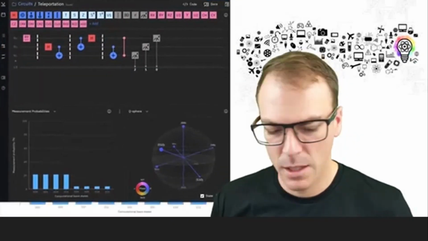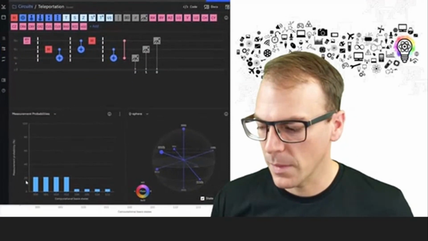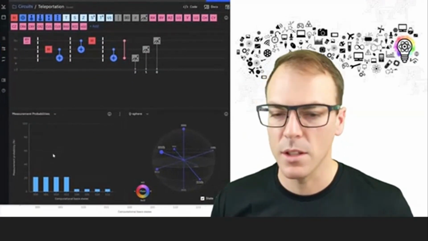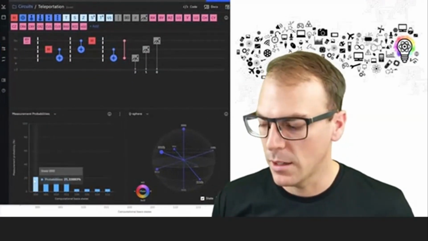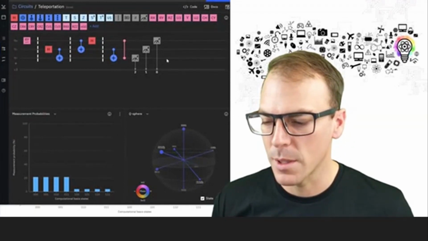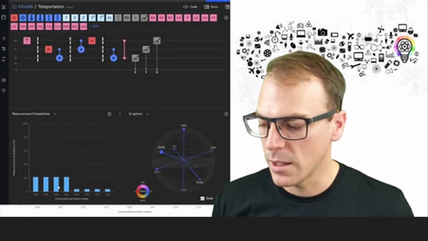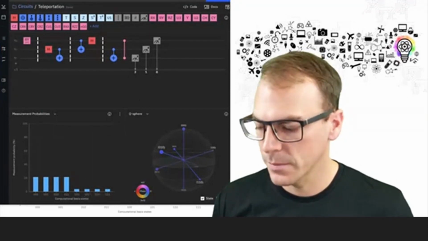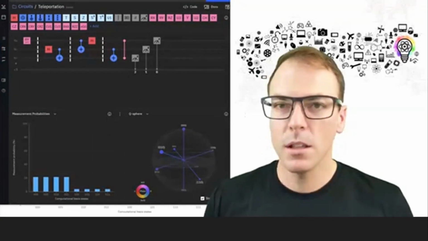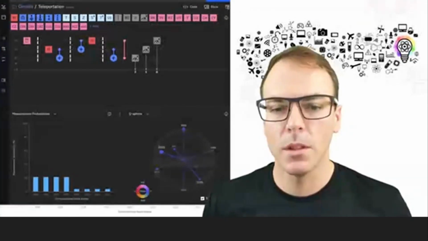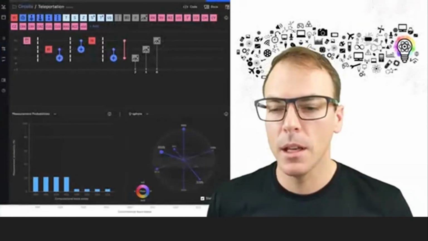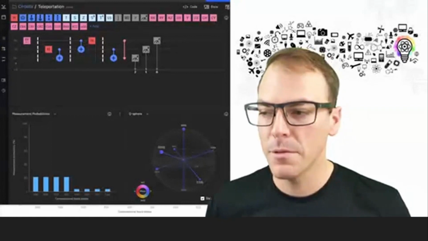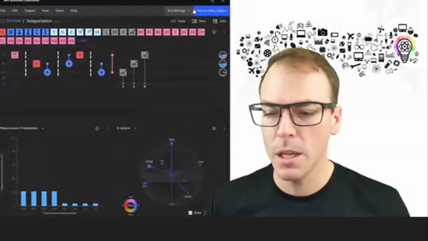So down at the bottom here, you can see this is the simulation. So this is exactly what should happen. When all the measurements are done on all the qubits, then I should see these probabilities down here. This is a simulation, so this is what ought to happen, and I went ahead and I ran this on IBM's real quantum computer.